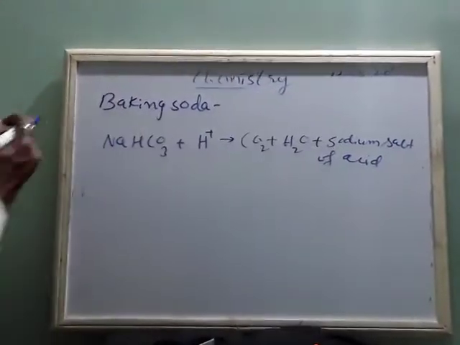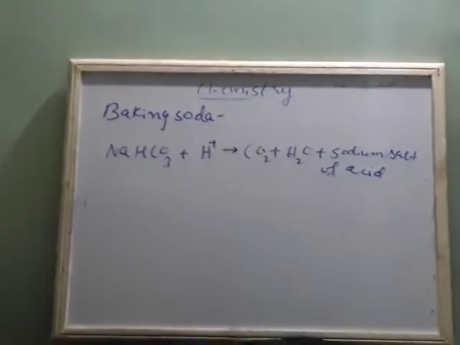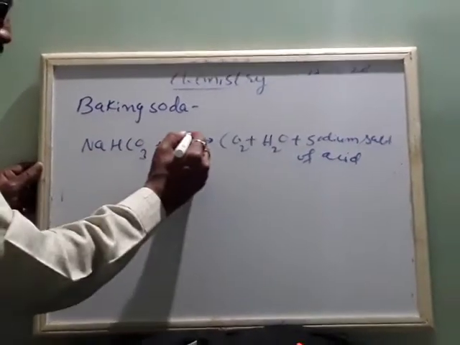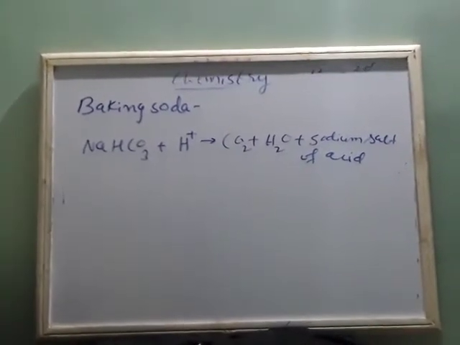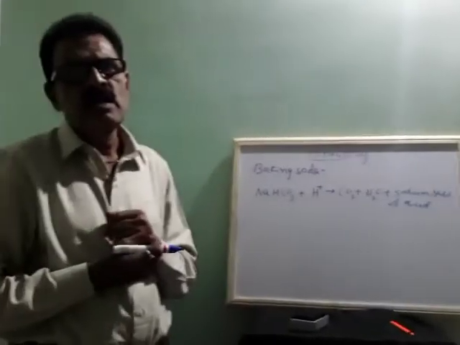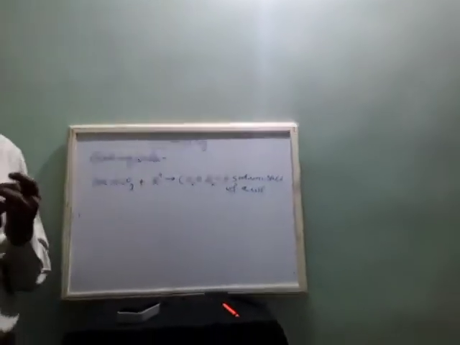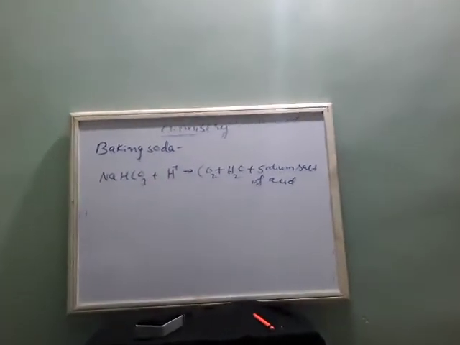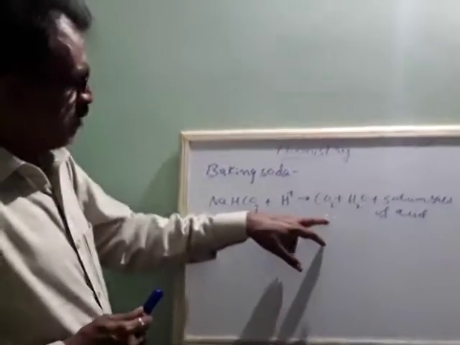So due to this nature, we are using this in bakeries. Okay. Now, what is one more property here? I told you this is used as alkaline. Due to its alkaline nature, we are using it in treating acidity. Okay. And see, here carbon dioxide is released.